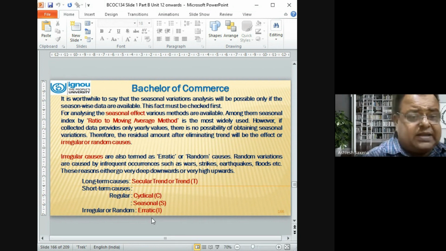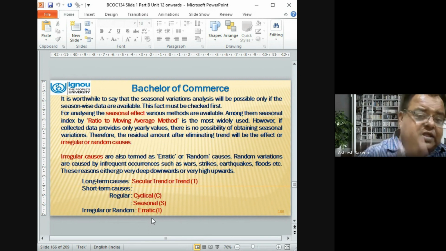For analyzing the seasonal effect, various methods are available. Among them, seasonal index by ratio to moving average method is the most widely used. However, if the collected data provides only yearly values, there is no possibility of obtaining seasonal variations.